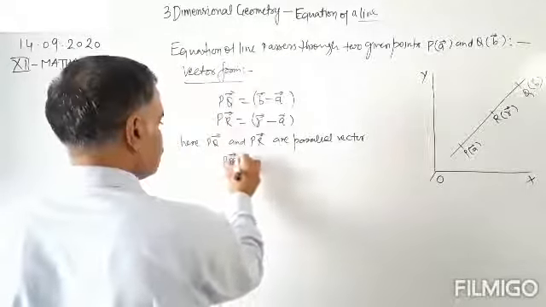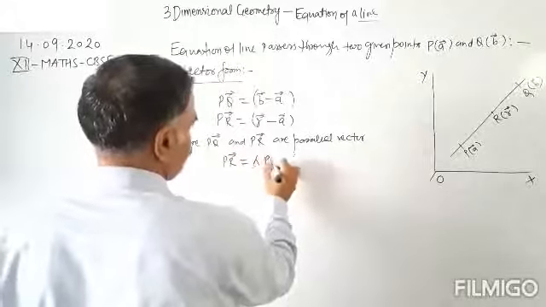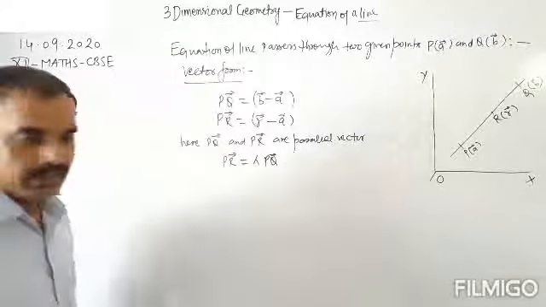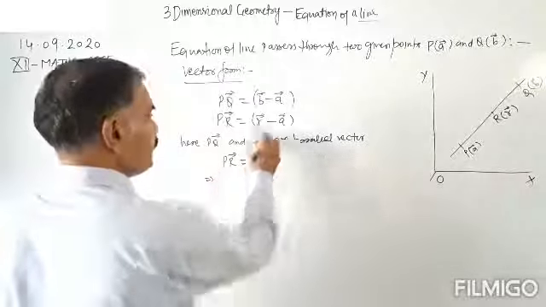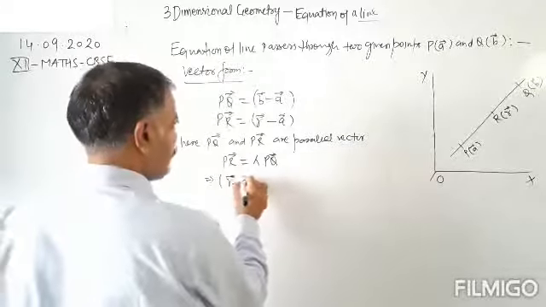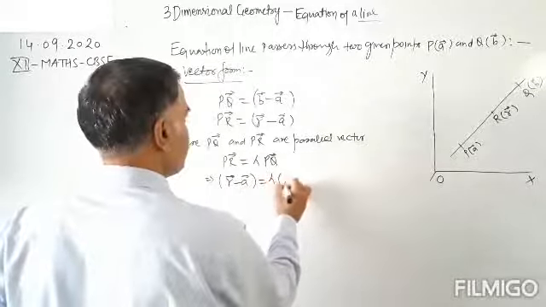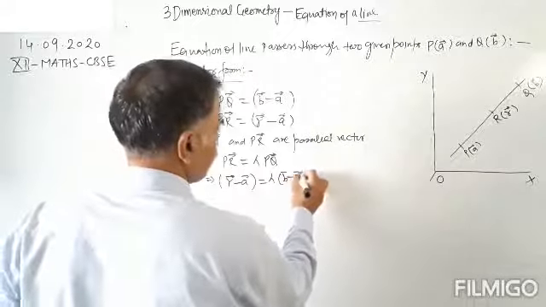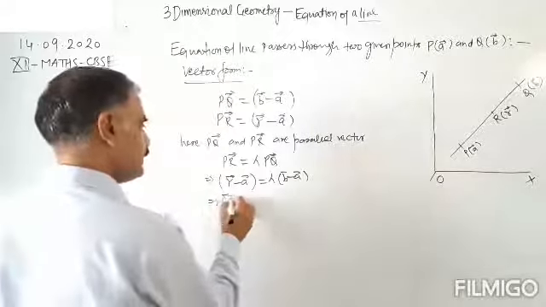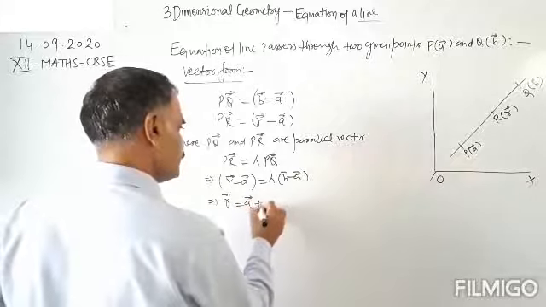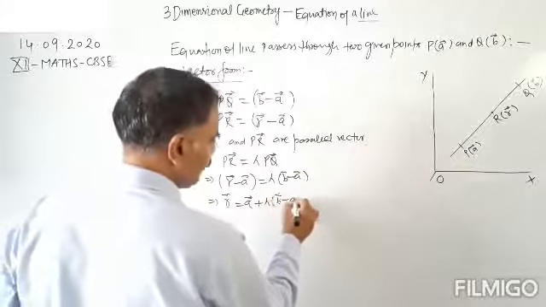PR vector is r vector minus a vector, and this is equal to lambda times b vector minus a vector. So r vector is equal to a vector plus lambda times b vector minus a vector.